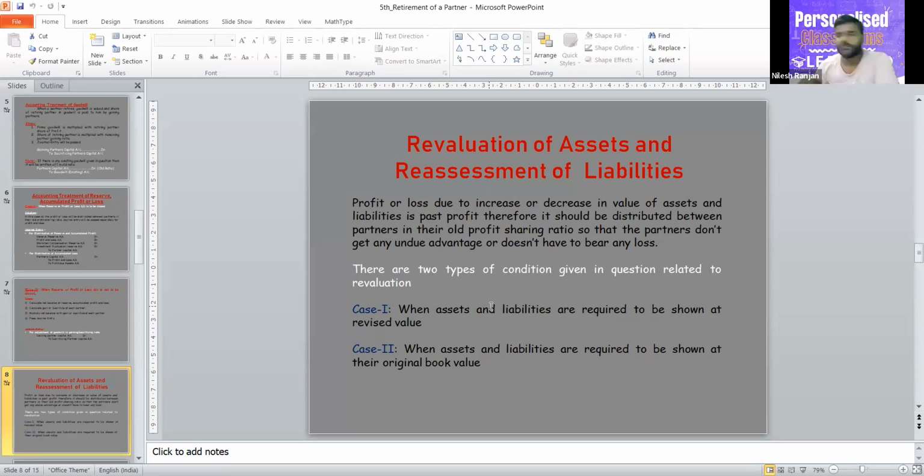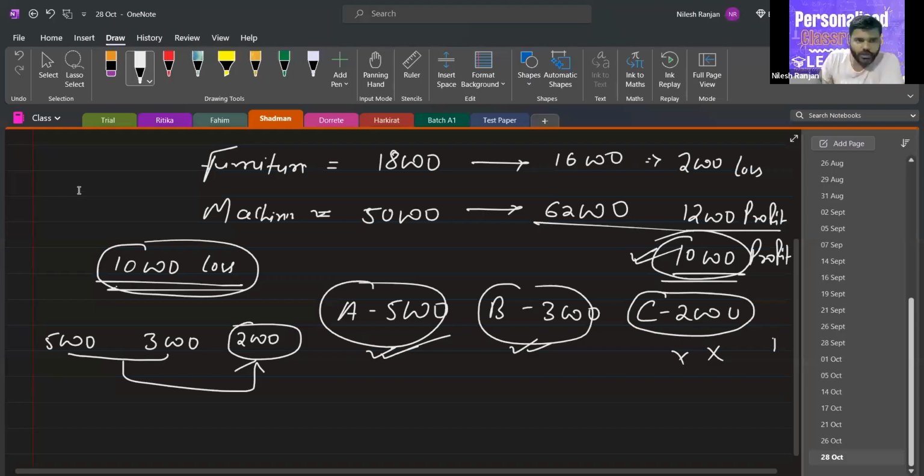So we calculate profit or loss so that the partner will not get any undue benefit, meaning a benefit which is not payable to him.